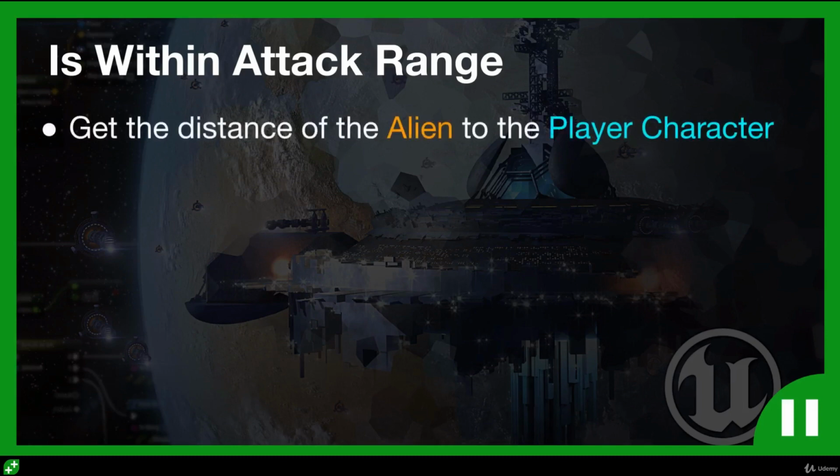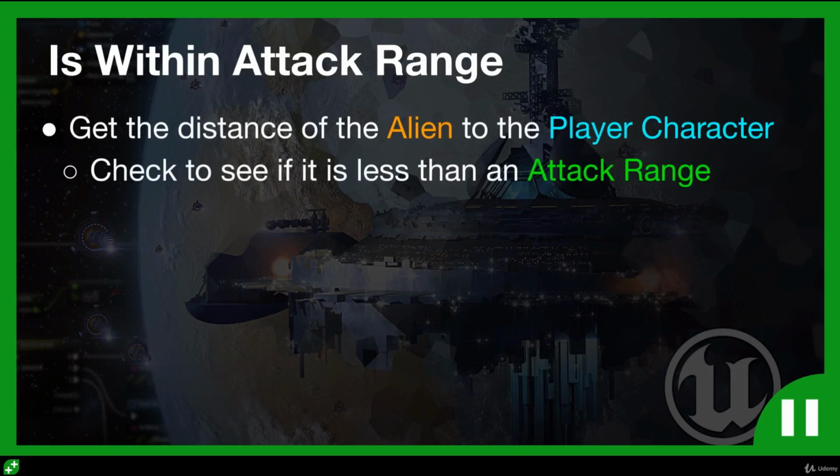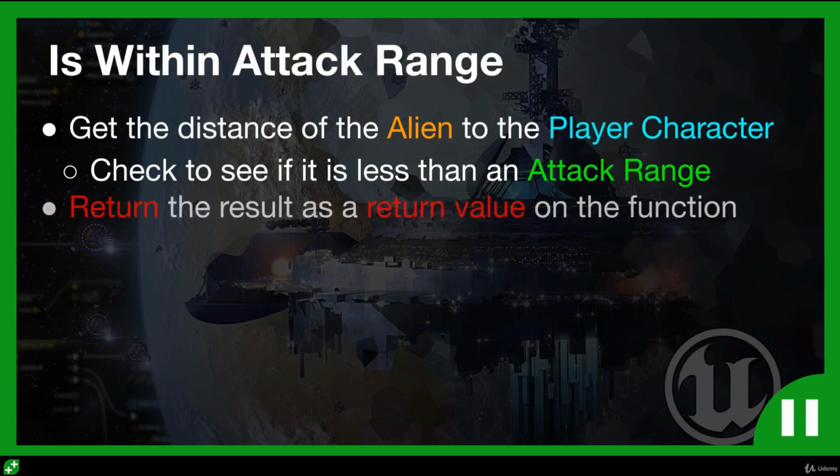So get the distance of the alien to the player character, then check to see if the distance is less than an attack range. Now you won't have an attack range, but you can create one. Then return the result as a return value on the function. So pause here to set up this IsWithinAttackRange function, and don't worry if you get stuck, we'll go through this once you come back and resume the lesson.